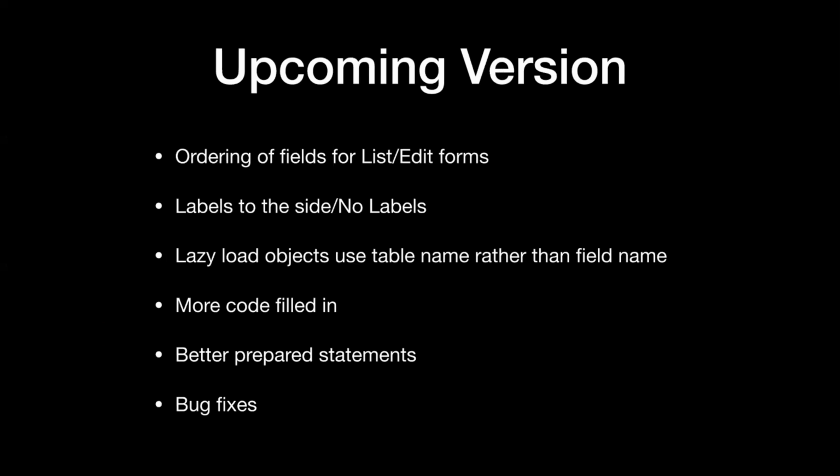That can be confusing to some people. We'll have more code filled in for you so that there's a few less pragma errors in there. We'll use better prepared statements for all the different databases. Right now, it likes to put in SQLite for all the prepared statements, and that can cause some issues. And then we've got a number of bug fixes in there.